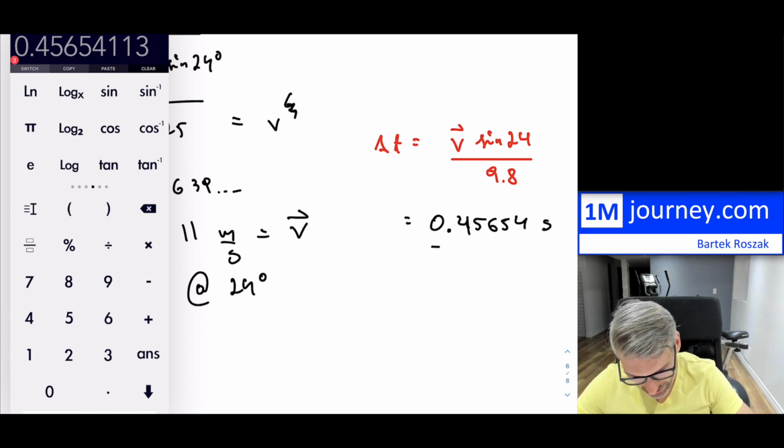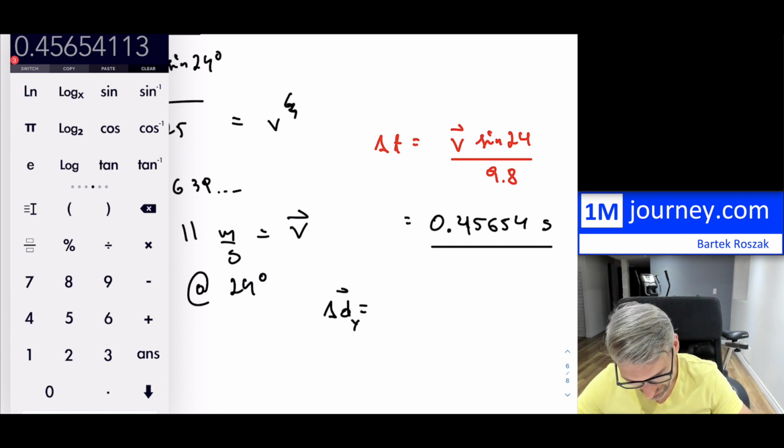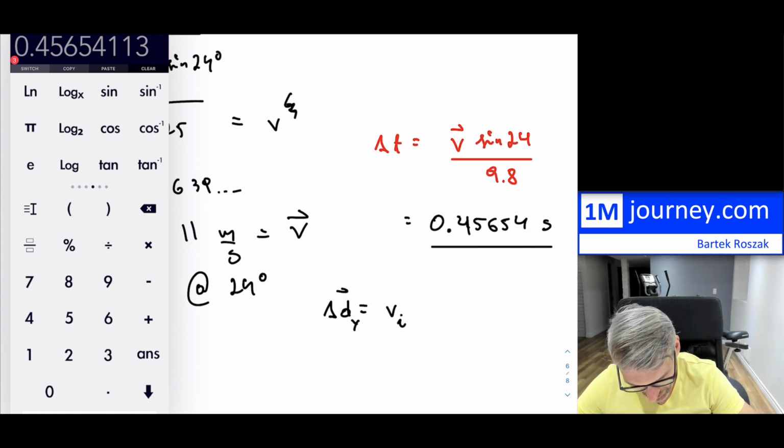Once you know the time, you can use the formula for the displacement, except this is displacement in the y, with your initial velocity. This is all in the y, by the way. So this is vi times delta t, plus 1/2, and then delta t squared.